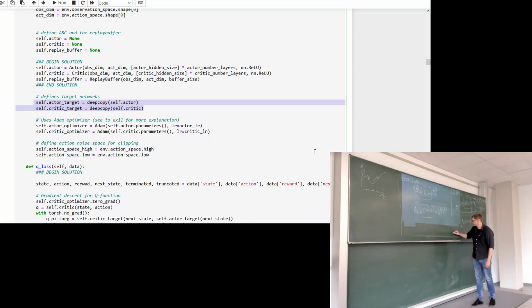The update rule looks then like that. Iteration plus 1 is (1 minus tau) times the old W tilde plus tau times W. So tau is very small, just a very small number.